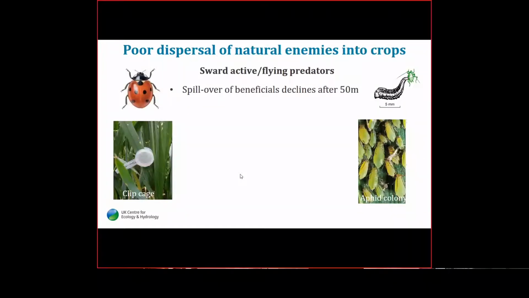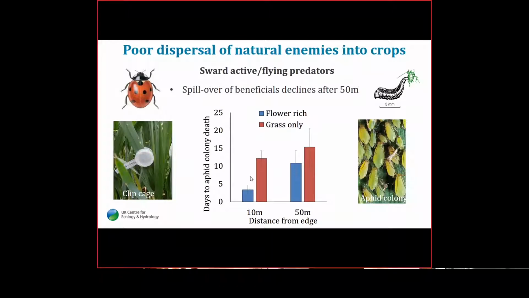So dispersal distance is a problem for crop pollination. Ben, you also showed that it's a problem for natural enemies of crop pests. And so what we did was we put some clip cages containing cereal aphids into cereal crops at different distances from grass margins and flower margins, with set numbers of aphids, and established little colonies at 10 and 50 meters from the edge.